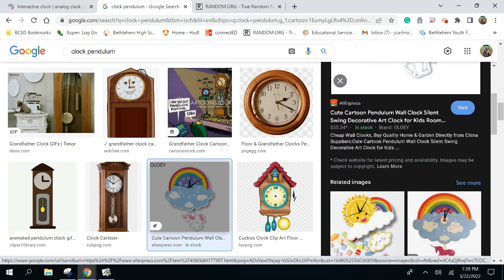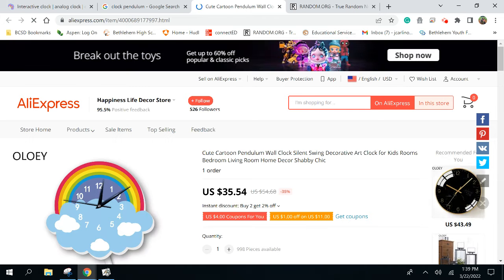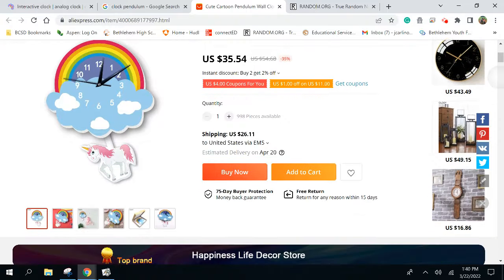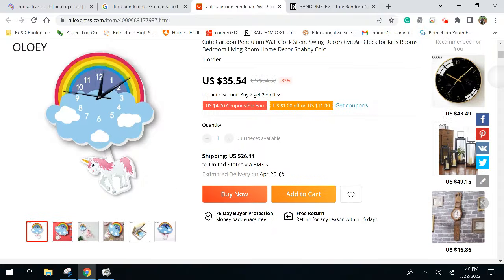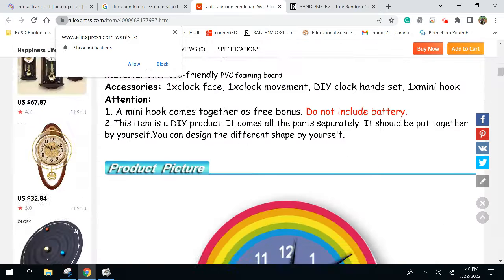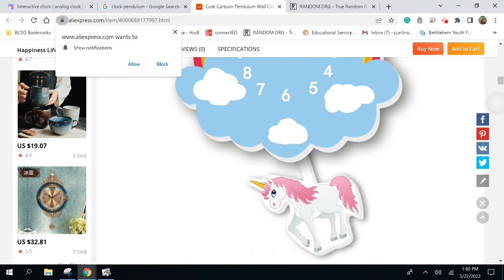$36 for this thing. Are you kidding me? You're gonna spend $36 on that. I think it's worth buying. Fast fashion website. Now add in the $26 for shipping. Are you kidding me? That's actually kind of nice. I feel like you should get it and put it in your room. You should hang it up in here.